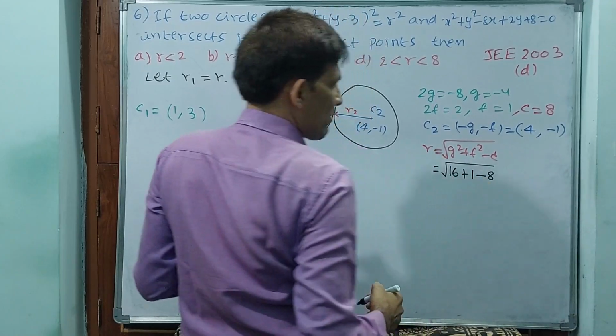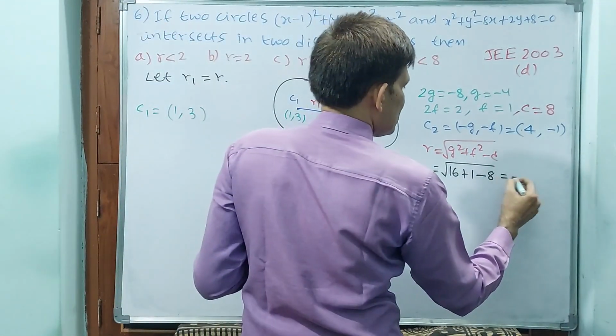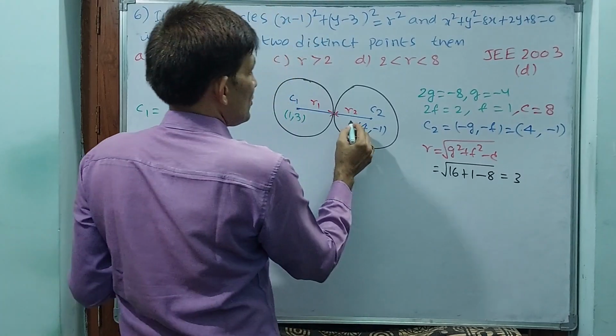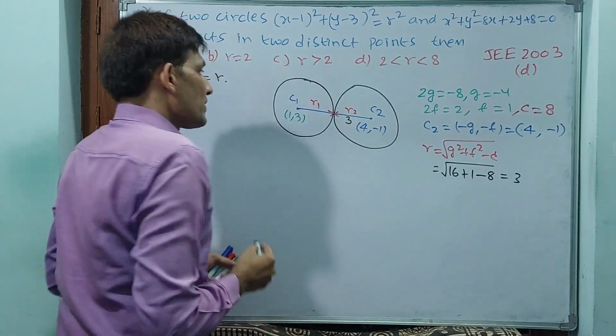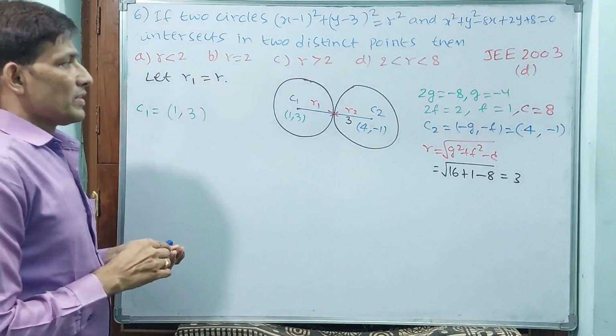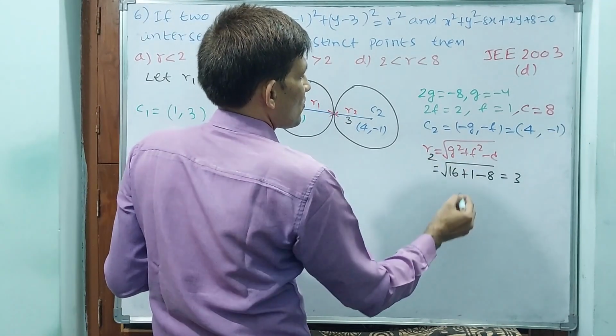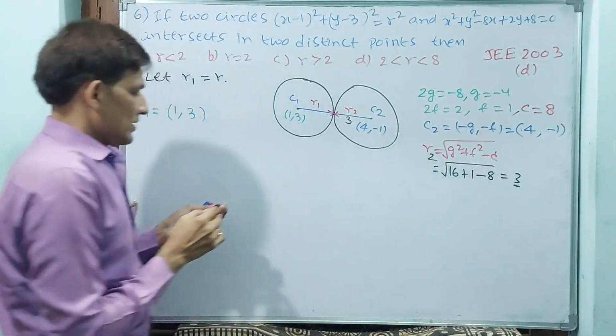See, 17 minus 8 is 9, root 9 is 3. The radius will be 3. This radius I am taking as R2. R2 is equal to 3.